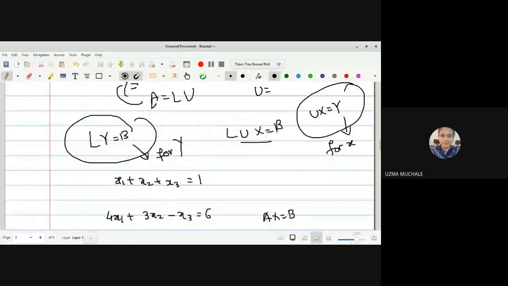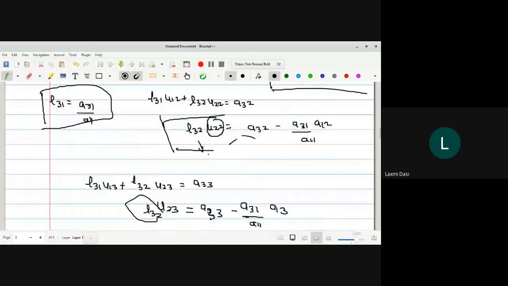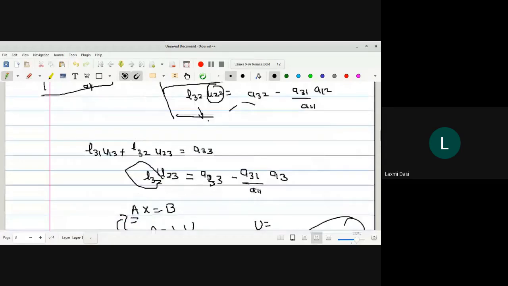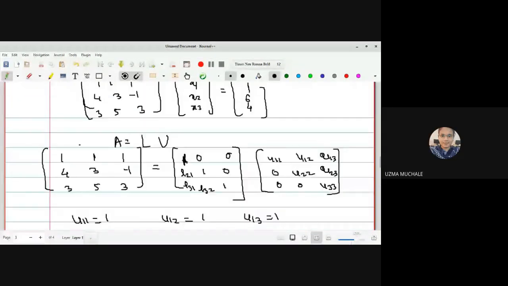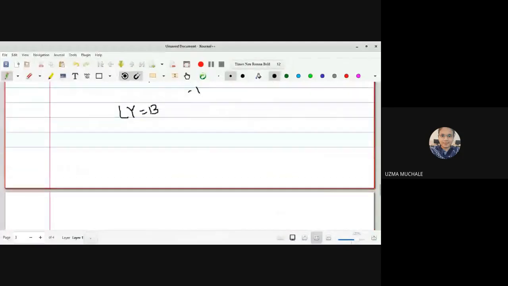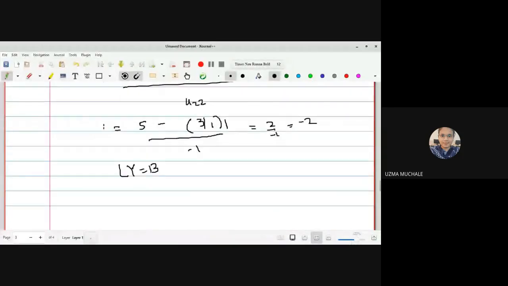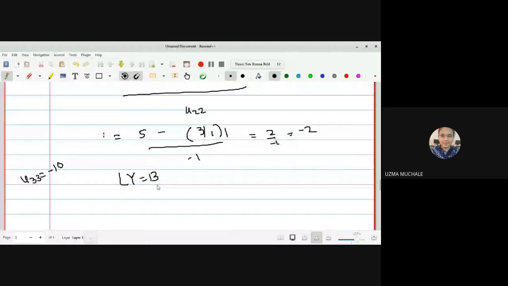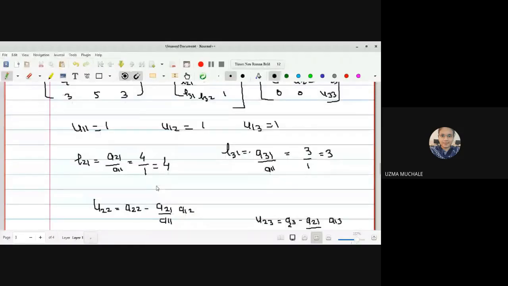Have you calculated U33? Yes, ma'am. Now let us check the values. U33 is equal to minus 10. From the formulas, whatever we have, we solve using that.